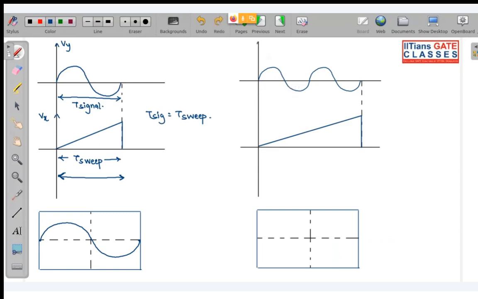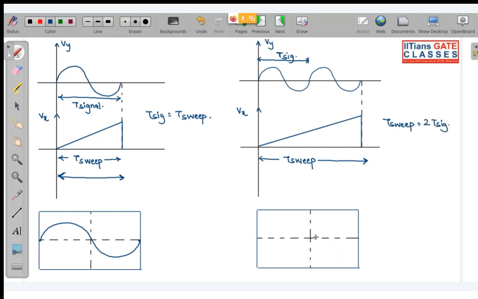Now on this screen, let me assume, once again this is Vy, this is Vx. Let me assume the time period of the signal is T. This is the time period of the signal and this is the time period of the sweep. Now I am going to tell you that the time period of sweep is equal to 2 times the time period of signal.